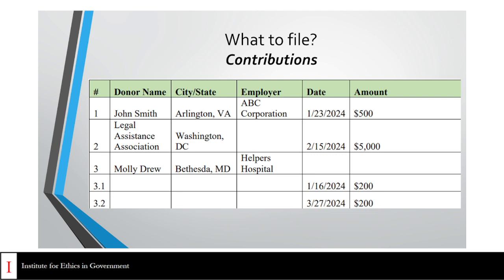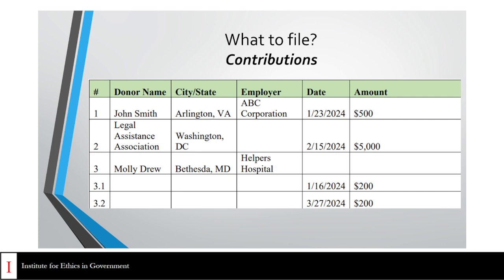As you can see here, the contribution section requires you to complete the donor's name, city and state of the primary address of the donor. If the donor is an individual, provide the name of the donor's employer, provide the date or dates of the contributions, and provide the total amount of contributions from the donor that have not previously been reported. If you do not have anything to report, you can write none.